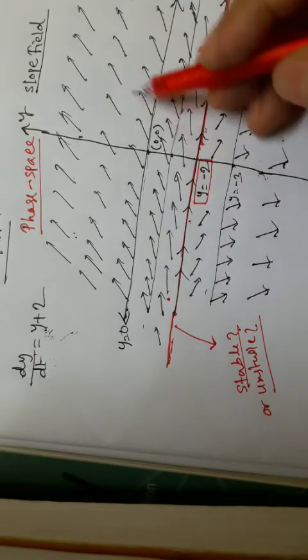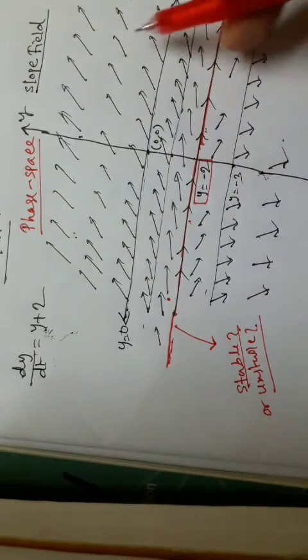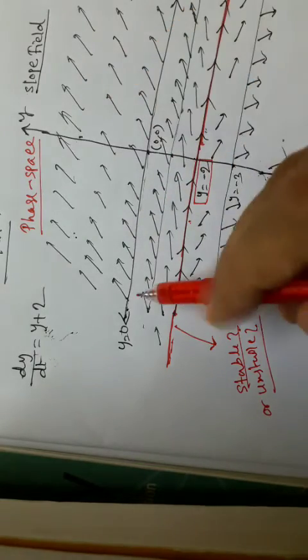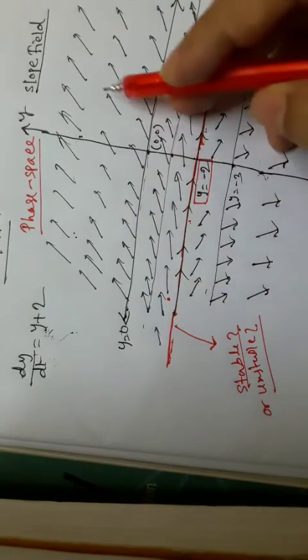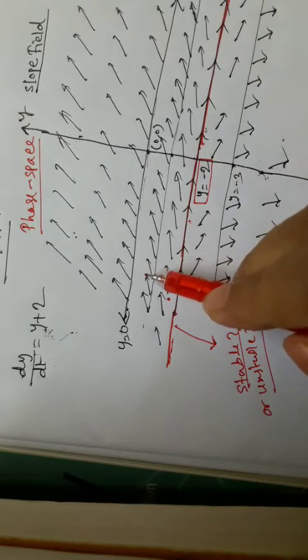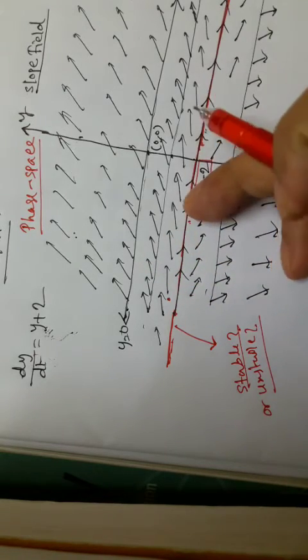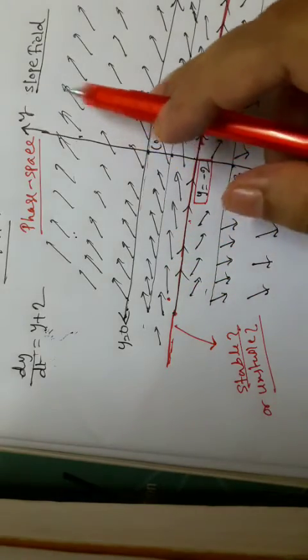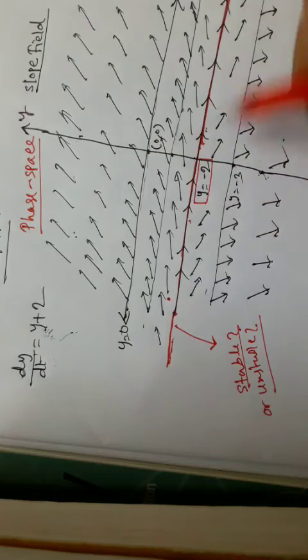Now we observe carefully the direction of the arrows, or the change of the direction of the arrows. The slope increases as we move away from the steady state. The slope increases gradually. The slope increases in the lower part also.